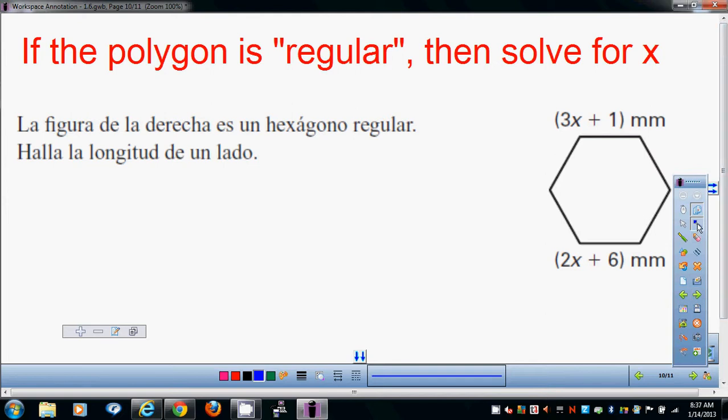Malik, what do you get? 5. So you set them equal, I'm guessing?